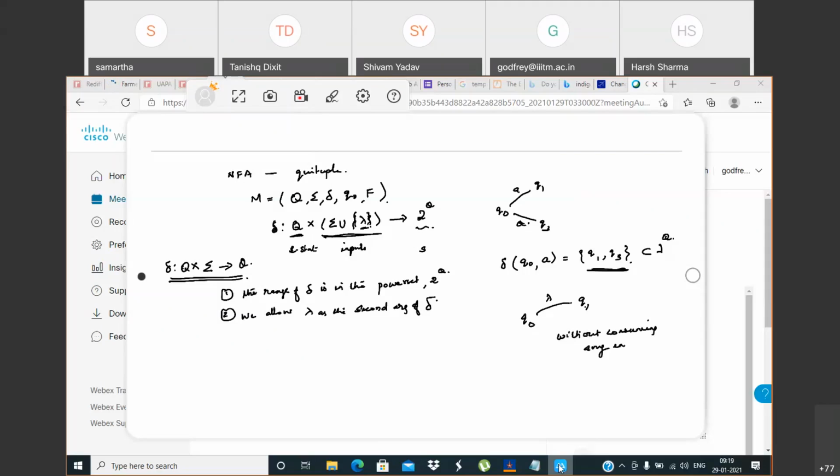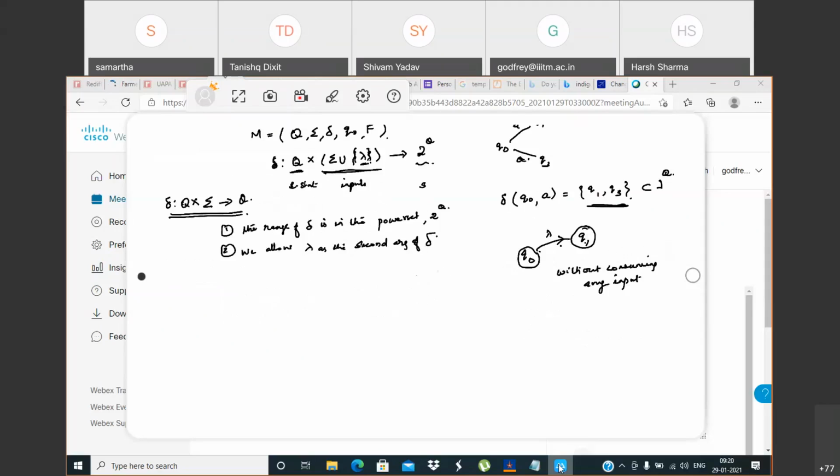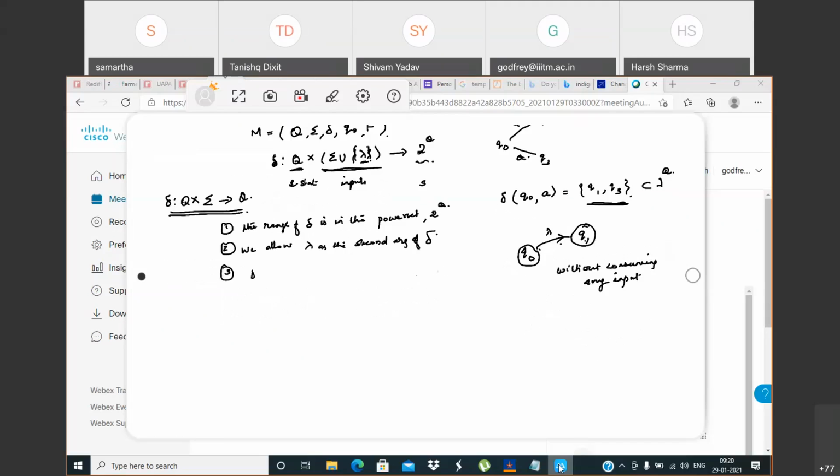So you may go from this state to this state without consuming any input. That is what we define by this second difference. Now the third difference is that you can allow delta of qi comma a to be empty. It means that there can be no transition defined for a specific situation.